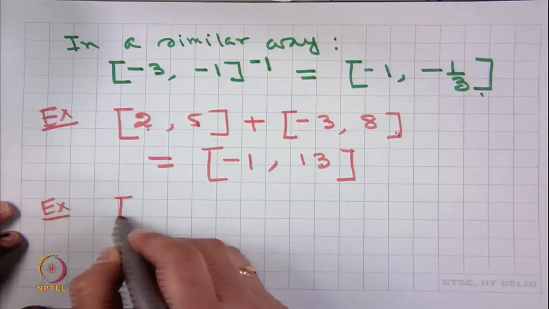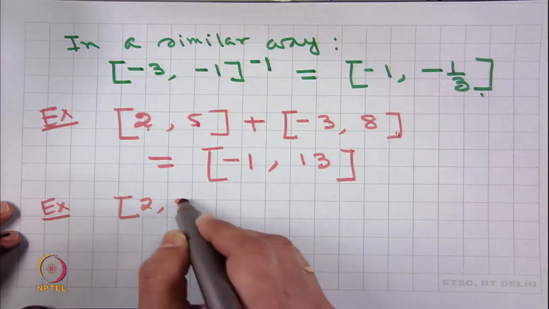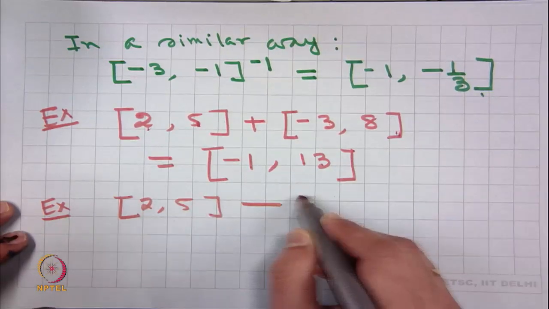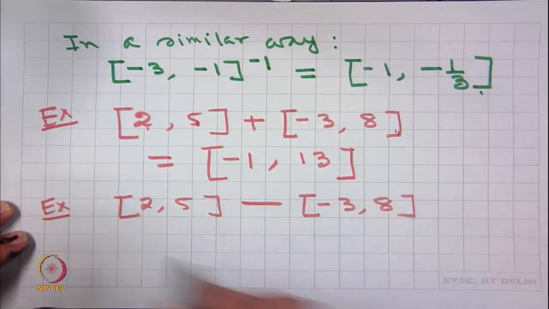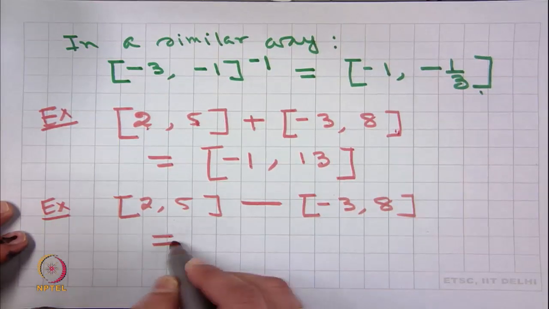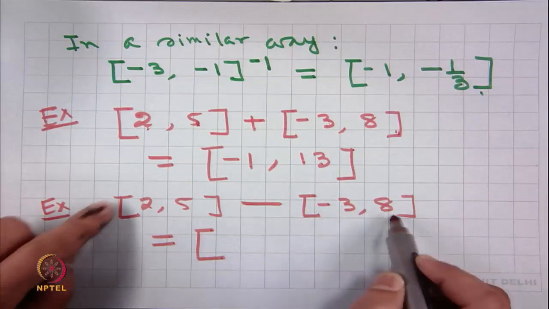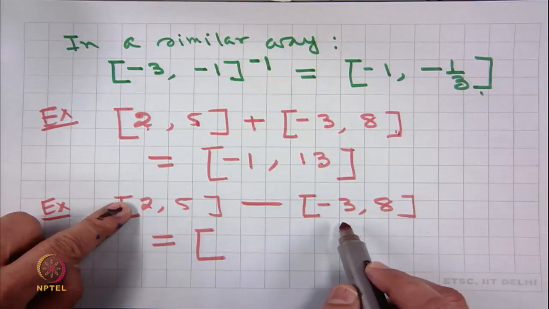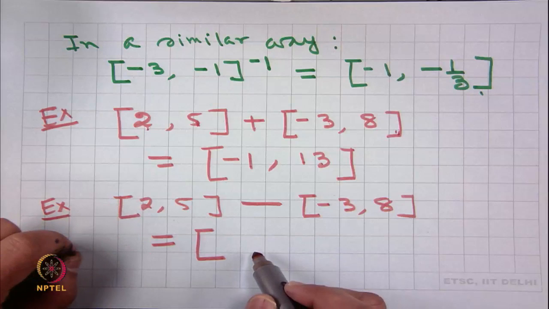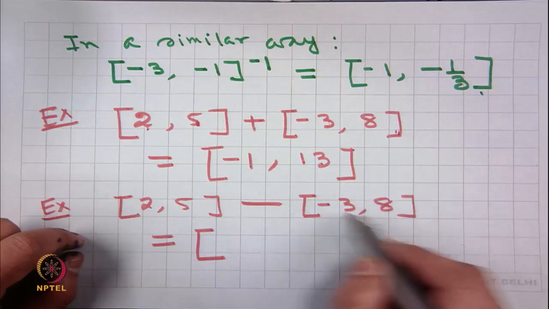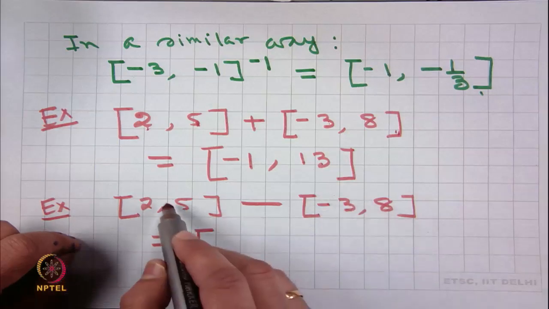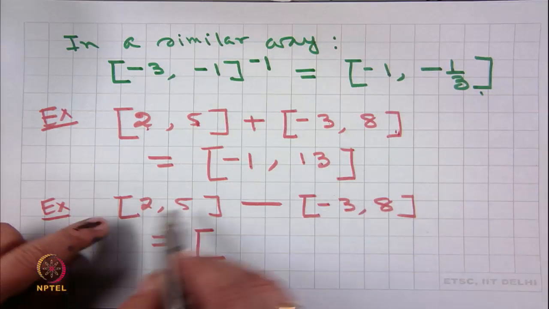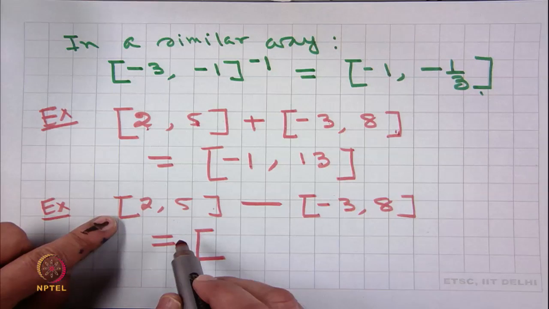What is [2, 5] minus [3, 8]? This is going to be the smallest value that we can attain by subtracting any arbitrary number chosen from here from any arbitrary number chosen from this set.